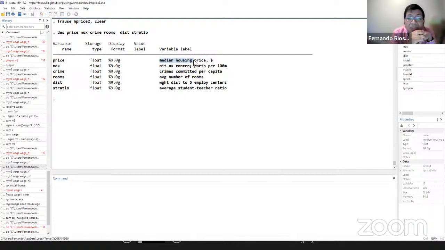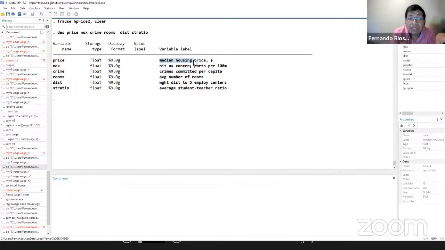The number of crimes committed per capita, so how many crimes per person are committed in a specific period of time, the average number of rooms, the weighted distance, because you have many houses in the region, to the five closest employment centers, and the average student-teacher ratio, so a measure of the quality of the schools in the area.